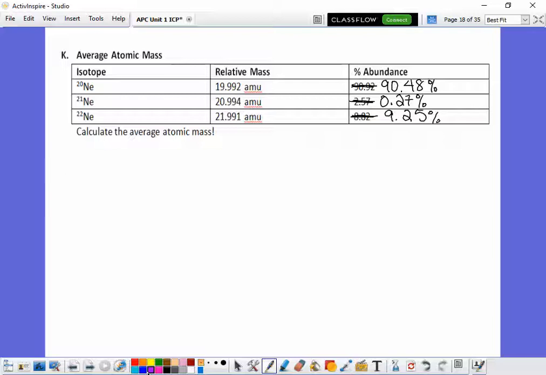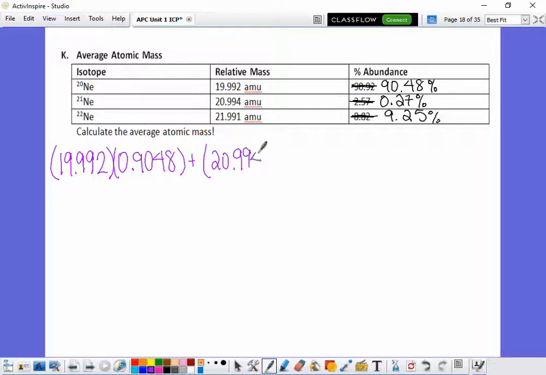Okay? When we multiply the relative mass by the percent abundance, what do we need to do to the percent abundance? Convert it back to a decimal. So divide it by 100 or just move the decimal to the left. So, for example, we take 19.992 times 0.9048 plus 20.994 times 0.27.